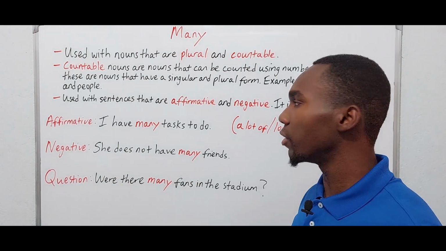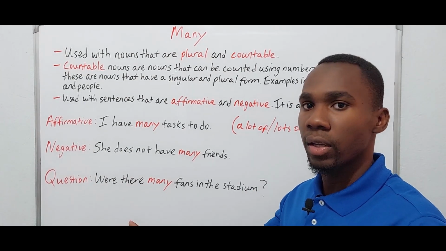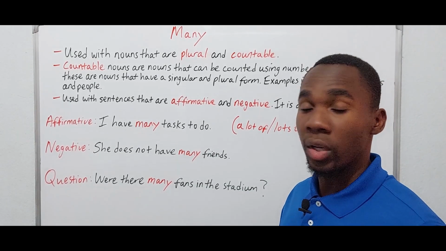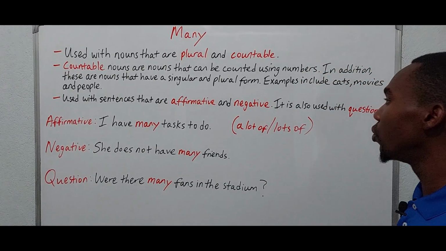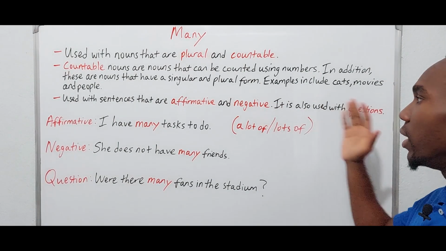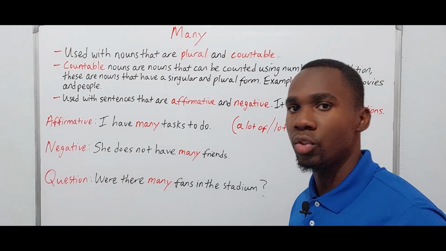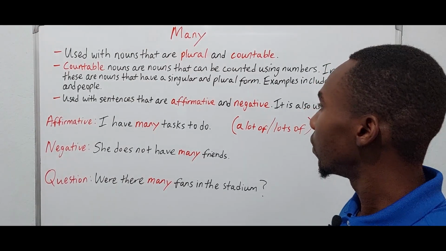So that's what we call an affirmative sentence, a sentence that just states something, okay? And of course, a negative would contain a negative, right? And it's also used with questions, right? So these are the 3 types of sentences in which we use many.